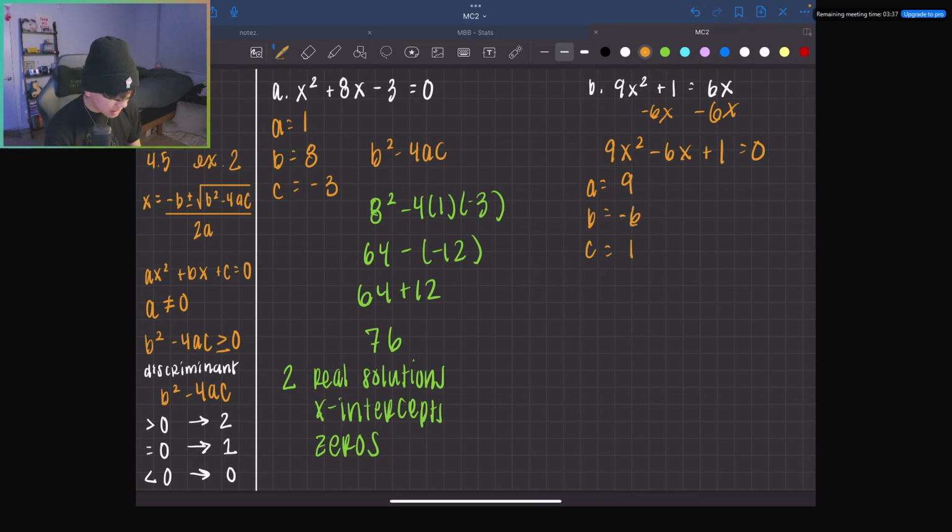And now let's go ahead and use this b squared minus 4ac to find out what value we get. B is going to be negative 6, so it's just negative 6 squared minus 4 times A, which is 9, times c, which is 1.